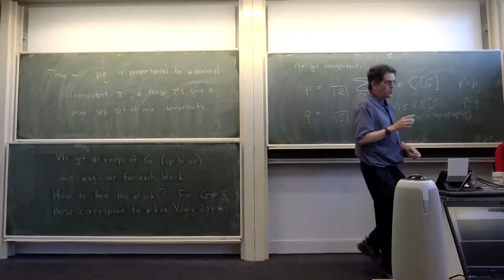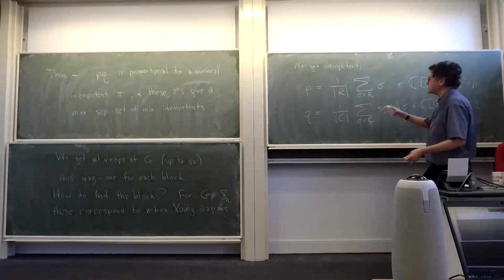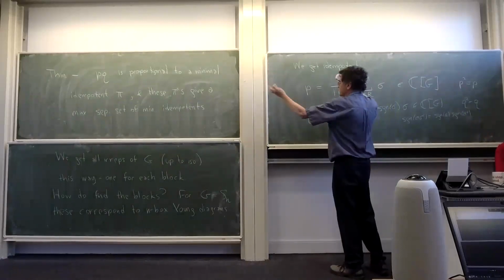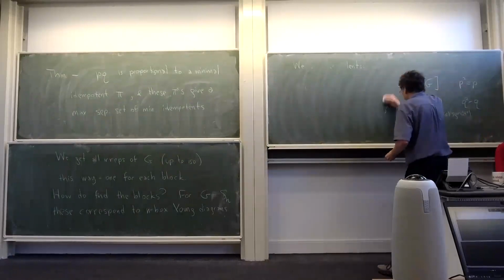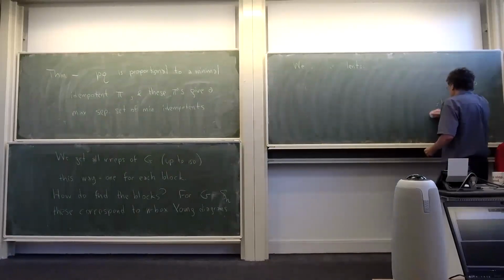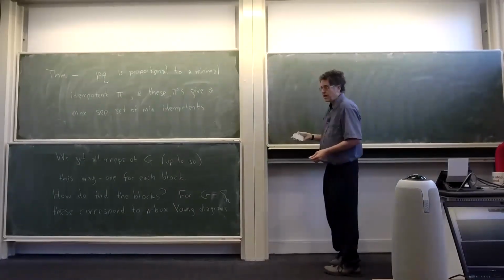So I, for years, wanted a more conceptual proof of all of this stuff. Especially this, actually. A lot of this stuff so far has pretty good proofs. This really deserves something better.